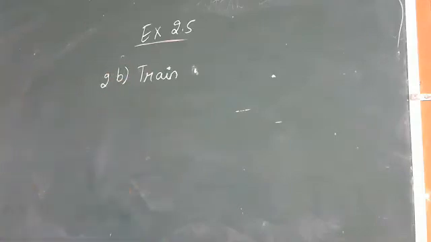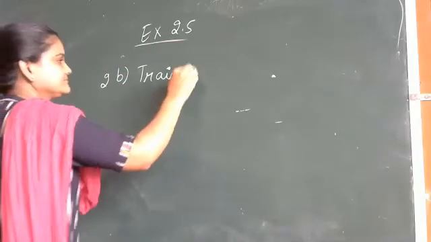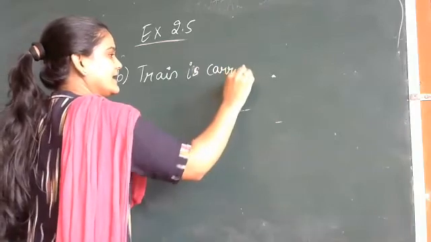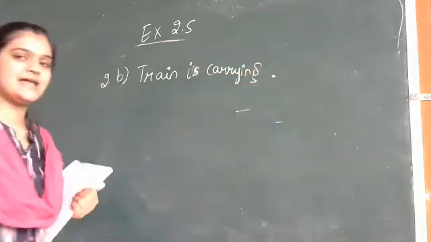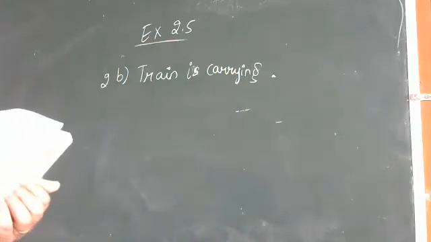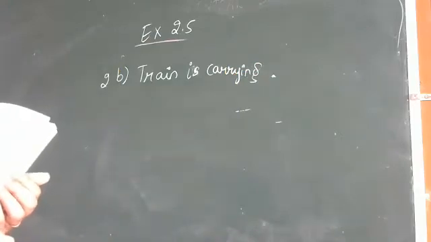Yes, it is the second question, B. Train is carrying. Write it in the rough book, and later on when you get the notebook, you can write it in the notebook.